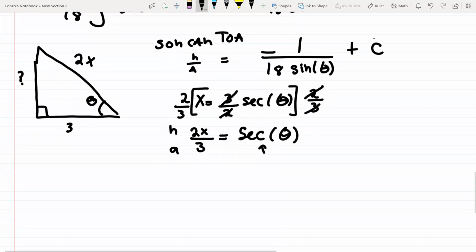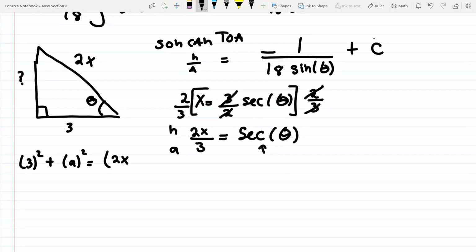So it's going to be 3 squared, plus this leg, which I'll just call a, squared, equals the hypotenuse 2x squared. 3 squared is 9, plus a squared, equals 4x squared.